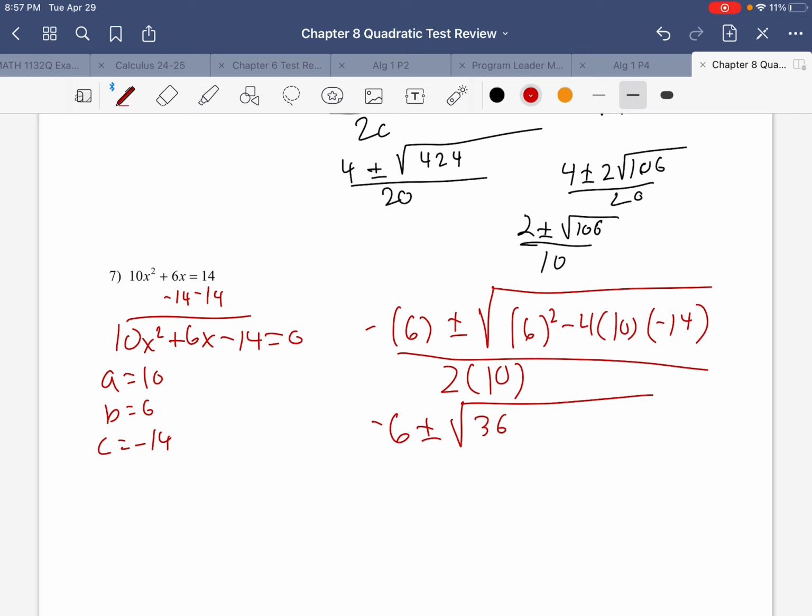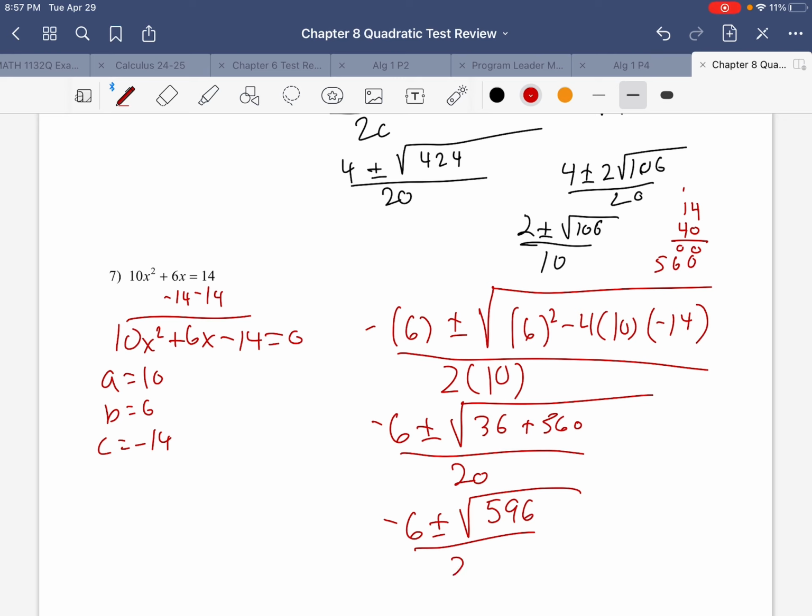of 36. Now, this would be 40 times 14. Plus 560 over 20, or negative 6 plus or minus the square root of 596 over 20.